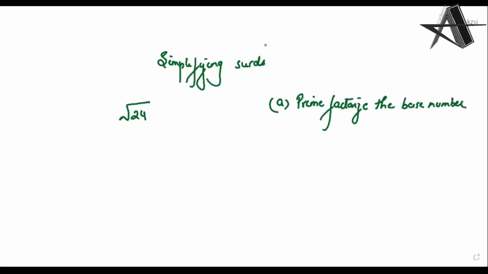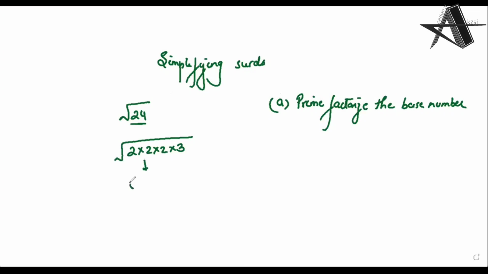This is your base number. If you prime factorize it with the help of the factor tree method, you will get 2 times 2 times 2 times 3. This is how we can prime factorize.